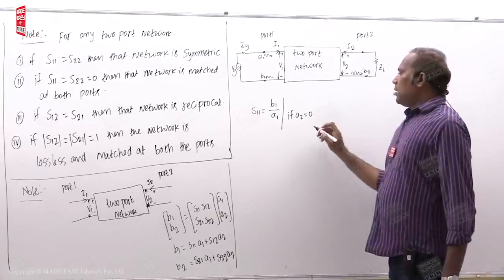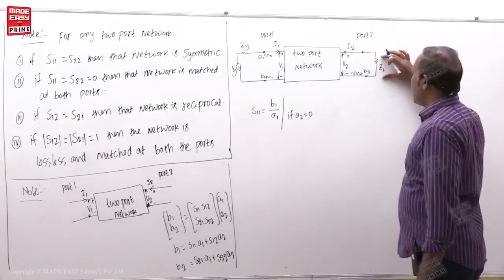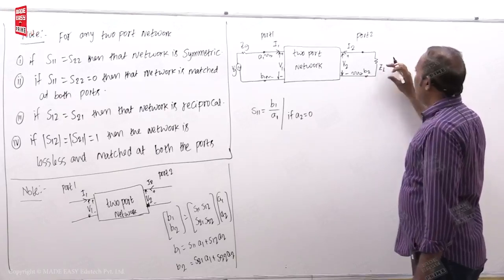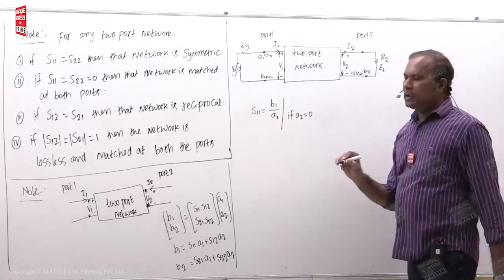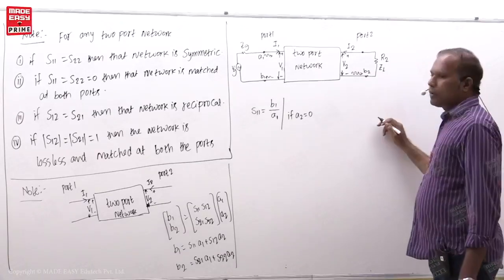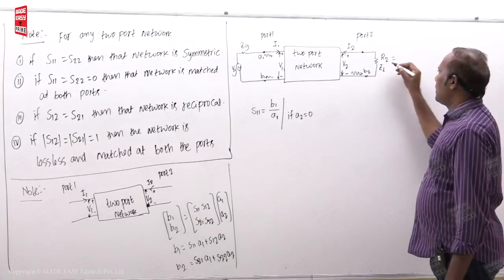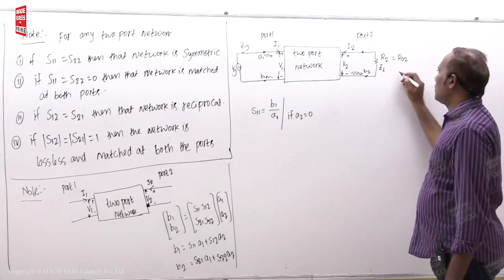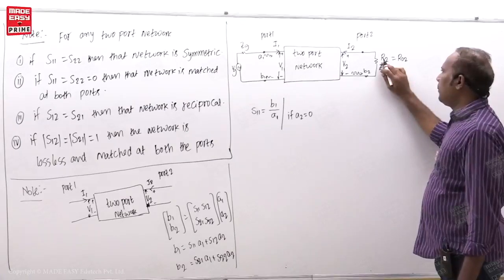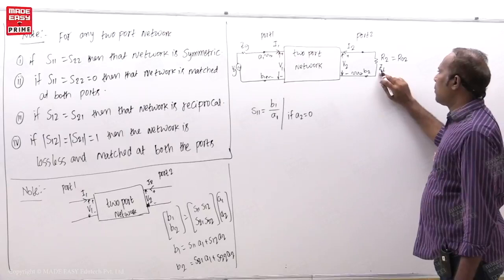Now, to make A2 zero, some impedance is there. We will call that impedance R2. This ZL, we will call it R2. And I can change this by doing some manipulation, so I will take it as R02. This R2 is terminating like this. ZL is the terminating impedance at port 2.